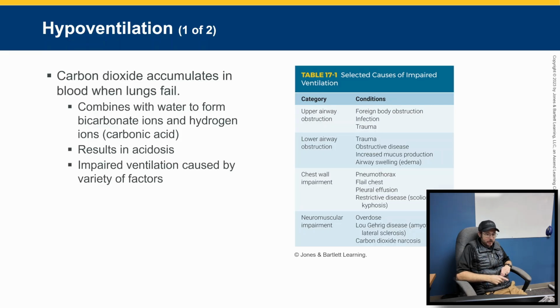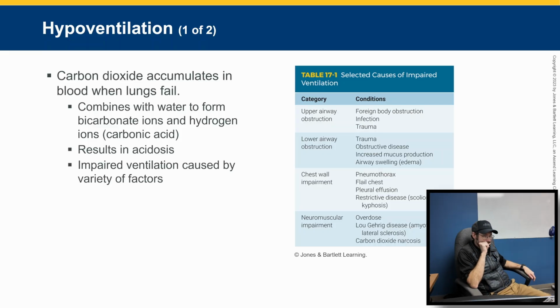Hypoventilation. Anybody have any questions about hypoventilation? Hypoventilation causes you to have high pH or high CO2, low pH. So the respiratory system would be alkalotic because it's retaining the CO2, but that would make the pH be acidotic.